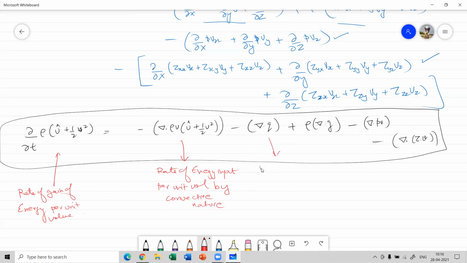This is the rate of energy input per unit volume by conduction nature.